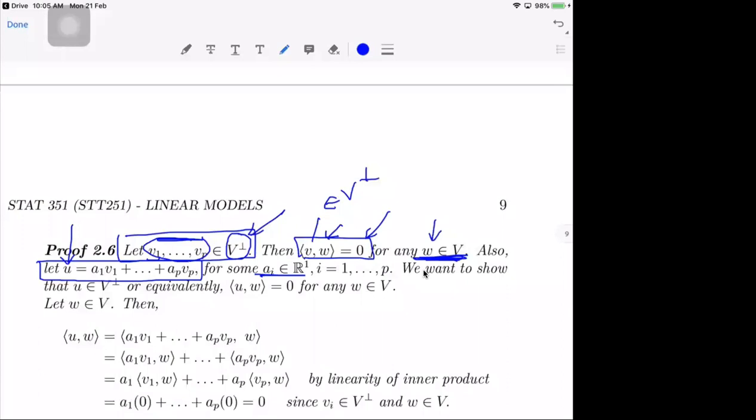Now, para papakita og subspace, maghimo mo og vector na linear combination aning mga V dinhi for some constants AI. Gusto nato ipakita na kining U na imong gihimo naapod siya sa B perp. Or equivalently, kung mukuha ka sa inner product sa U ug sa W, asa gani si W?